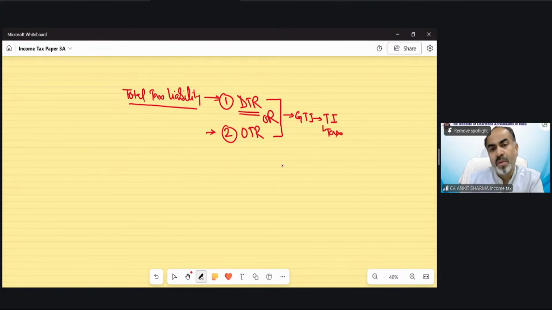Clear? But there could be a situation, with the most probability in the examination, that they will ask you to calculate tax as per what is most beneficial for the assessee.